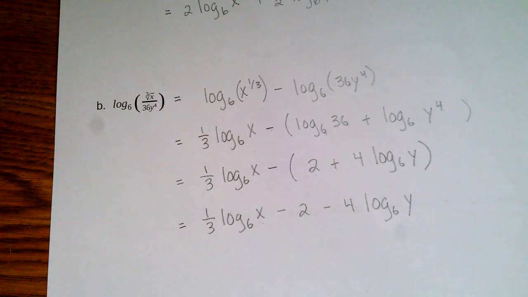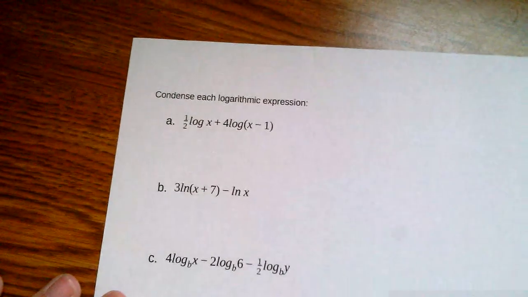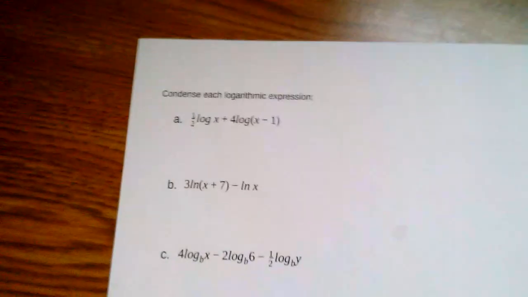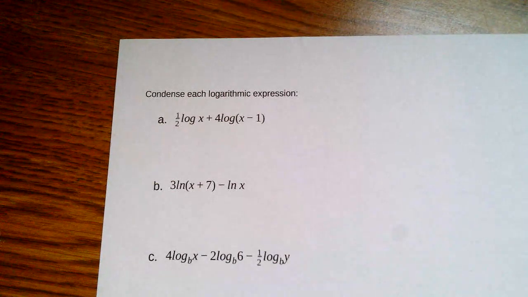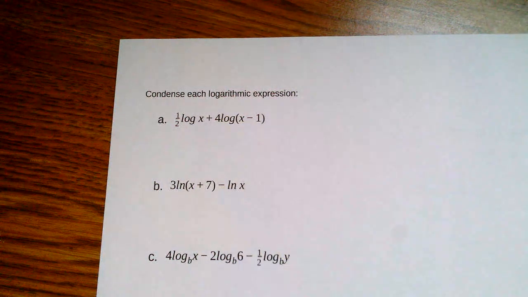So that's some examples on expanding logarithmic expressions. Our next examples are going to be to condense logarithmic expressions. So remember, condense means to make smaller. Instead of having an expression that has 2 terms, we want to rewrite this when we condense so that we only have 1 term.